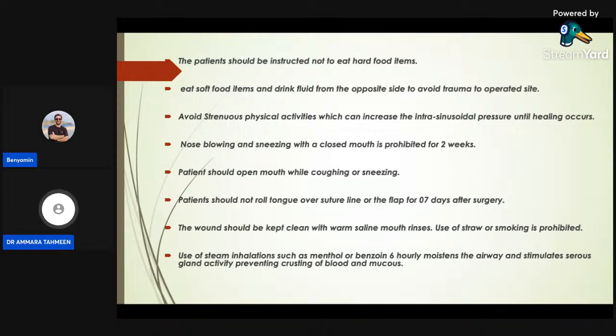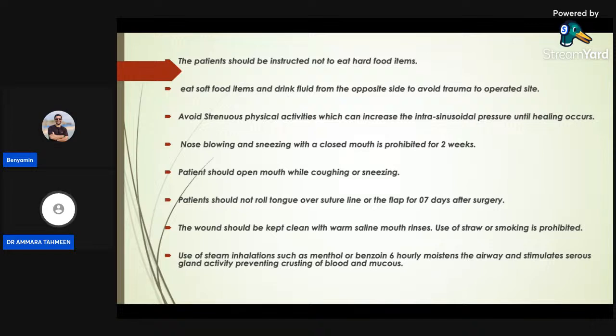And then next, the patient should also use steam inhalation, such as using menthol or benzoin in the steamer. They should take water, and once the water is hot and steam is being created, they should add menthol or benzoin, and every 6 hours they should take this steam inhalation, which moistens the airway.